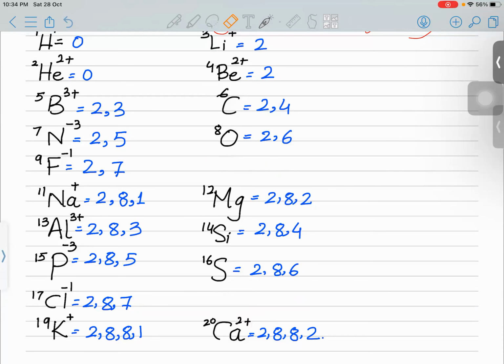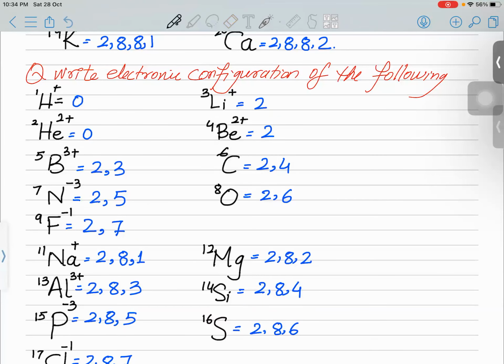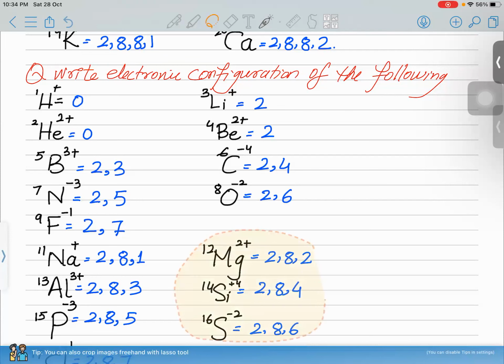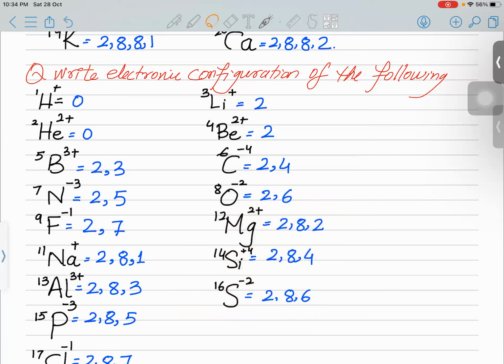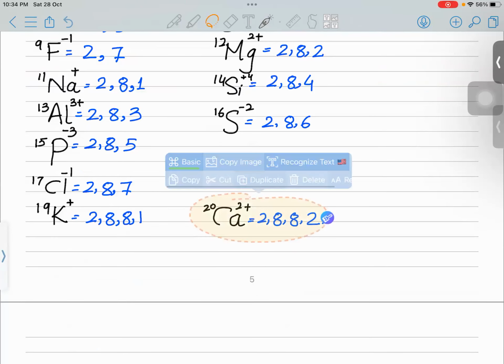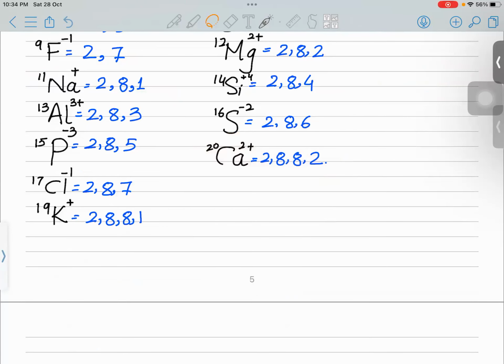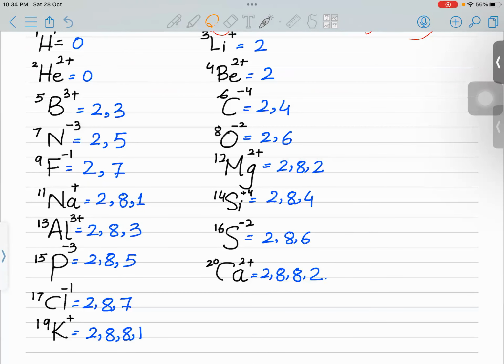Neon is also stable. So carbon is -4. Oxygen is -2. Magnesium is 2 plus. Silicon +4. Sulfur -2. Argon is stable.